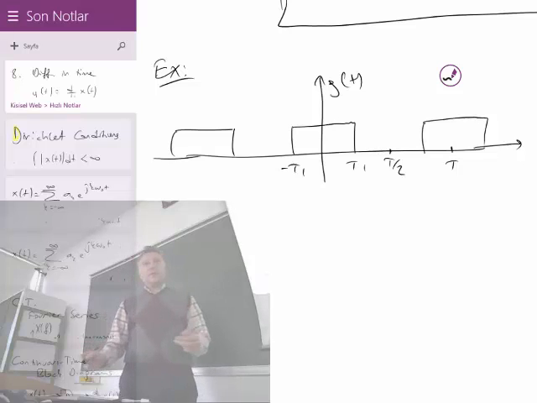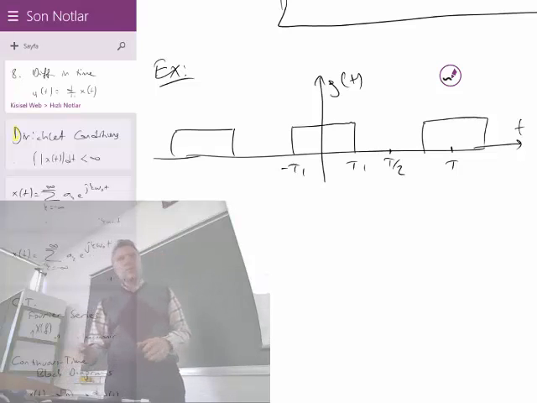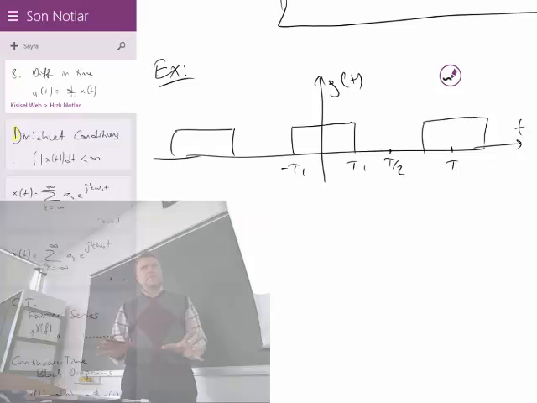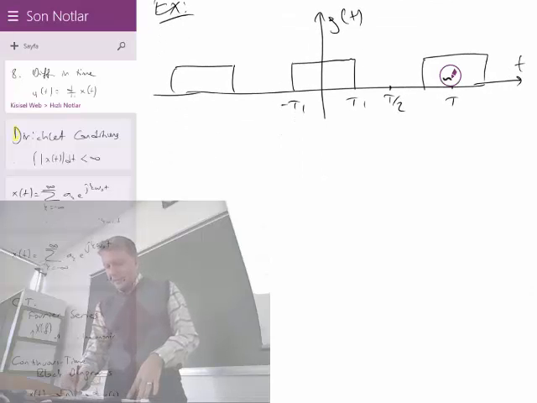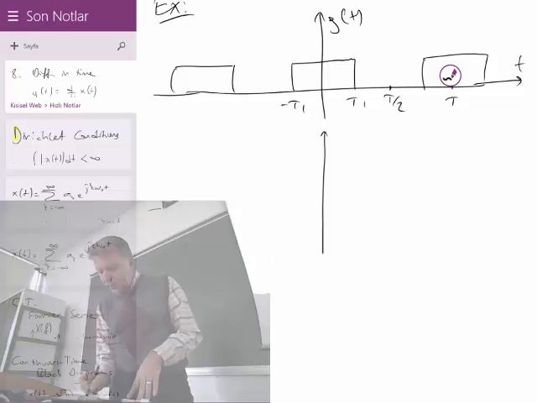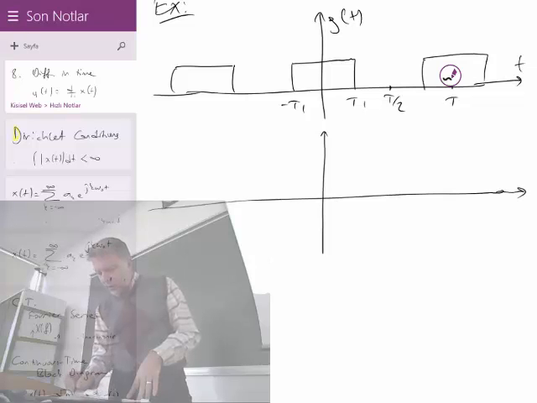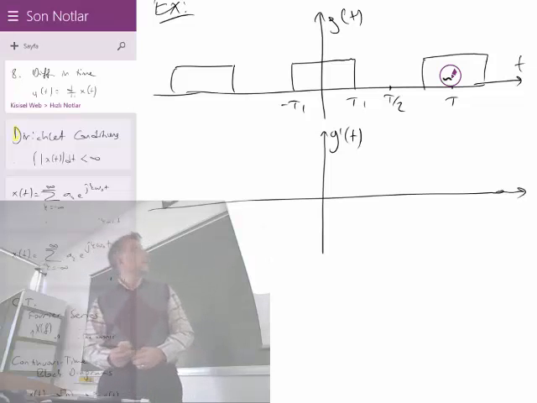Therefore, we have already found the Fourier series coefficients of this one, right? We know it. Now find the same Fourier series coefficient formula, this time starting from the derivative of g of t. What is the derivative of g of t? Let's call it g prime of t.